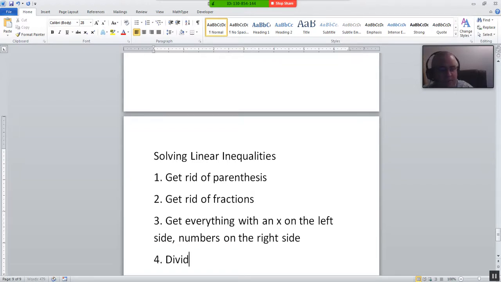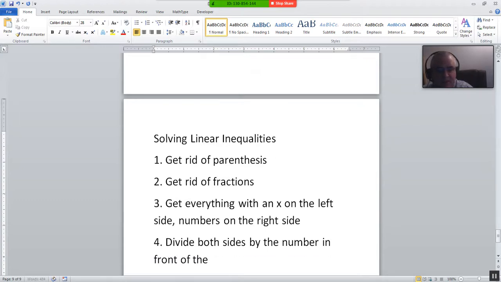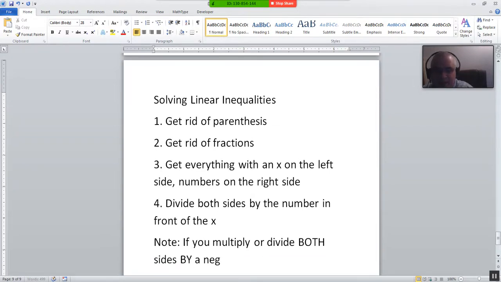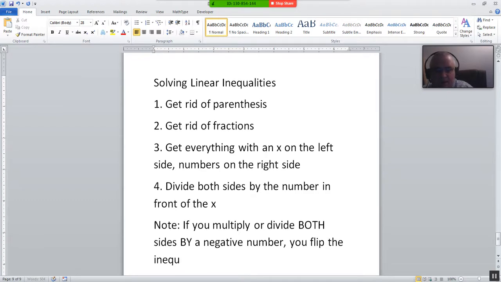And step 4. Divide both sides by the number in front of the x. Note, if you multiply or divide both sides by a negative number, you flip the inequality symbol.